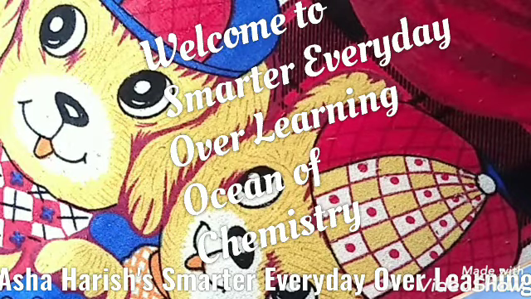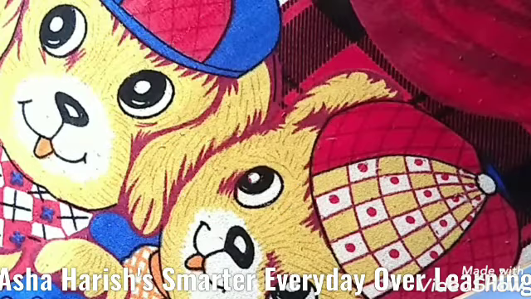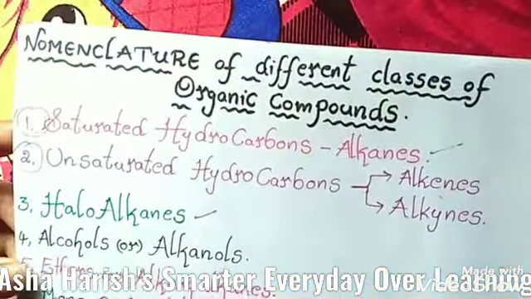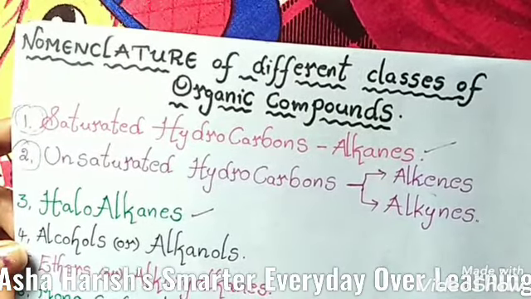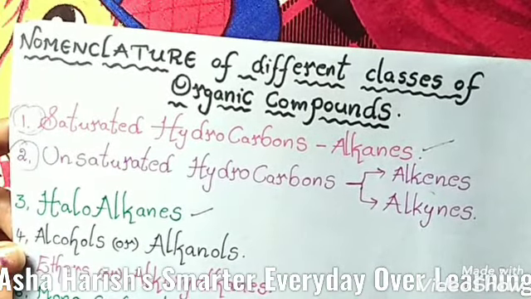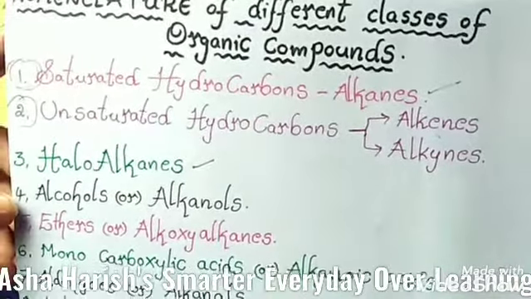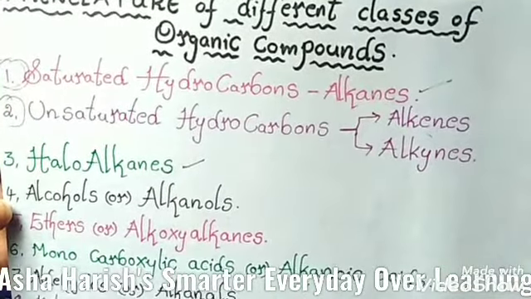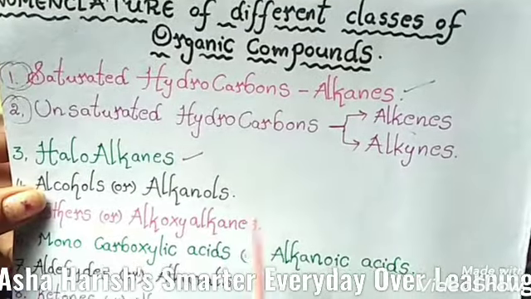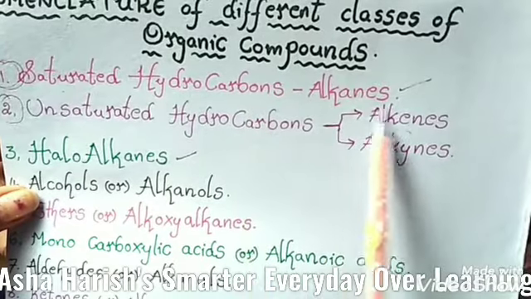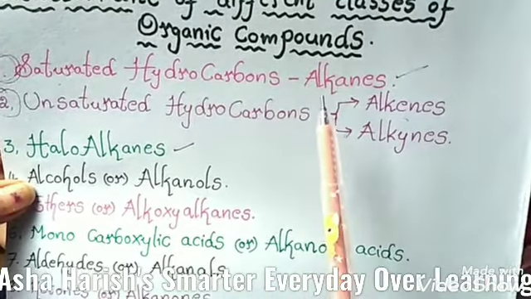Dear students, we had already started the topic nomenclature of different classes of organic compounds from the chapter Organic Chemistry, some basic principles and techniques from grade 11 NCERT. In our previous class, we covered saturated hydrocarbons: alkanes were completely explained.